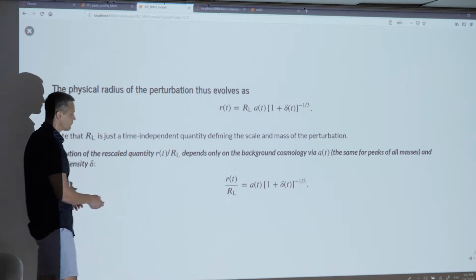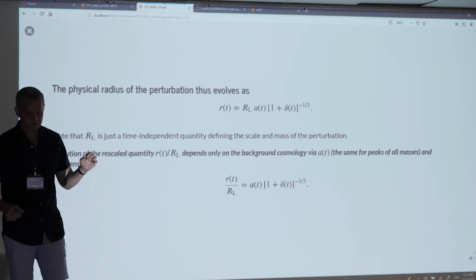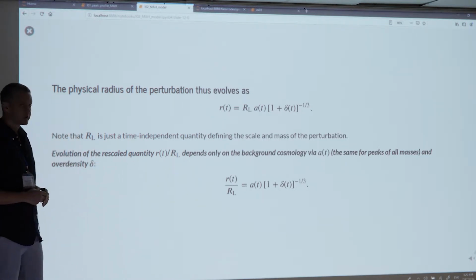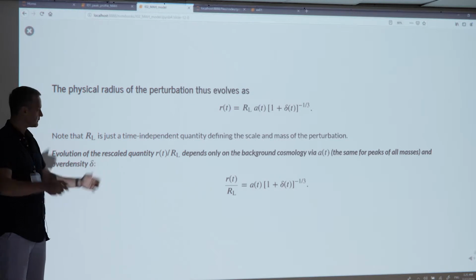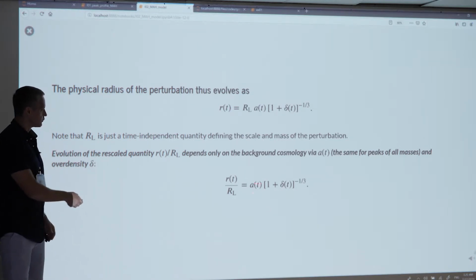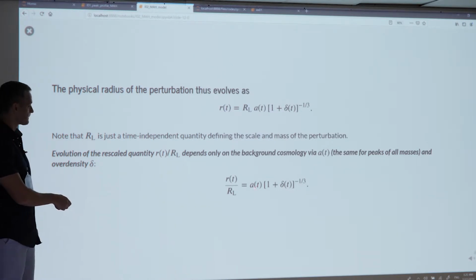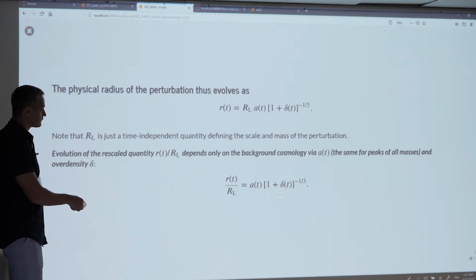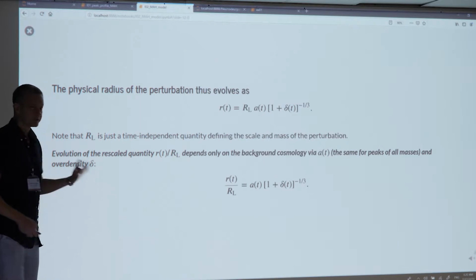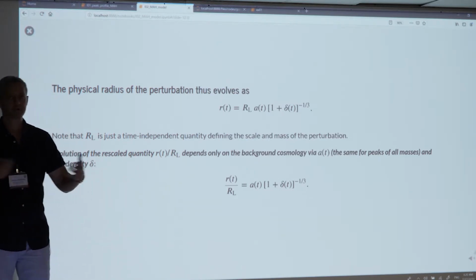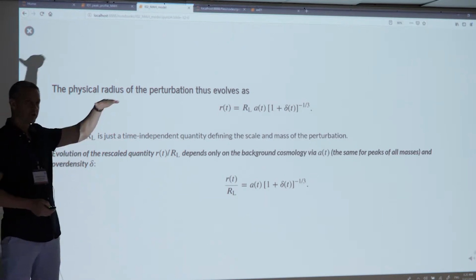So the evolution of the radius of a perturbation is a function of background cosmology, which is of course the same for objects of all masses and all scales. This is how the universe evolves. So when we consider evolution of objects of different mass, this factor is the same for all of them. The second thing that affects evolution is not the initial radius, not the initial mass, but the initial perturbation amplitude.